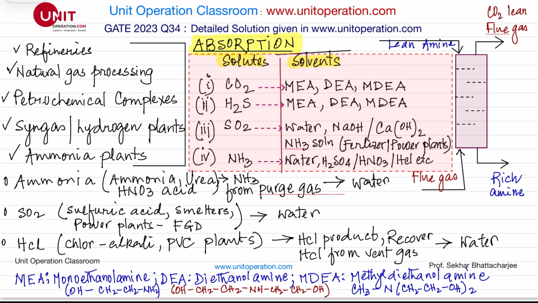Sulfur dioxide in sulfuric acid plants, smelters, the power plants, flue gas desulfurization. We use water, hydrochloric acid, chloralkali plants. Of course, they come out, and the PVC plants. So these are the absorption operations here.